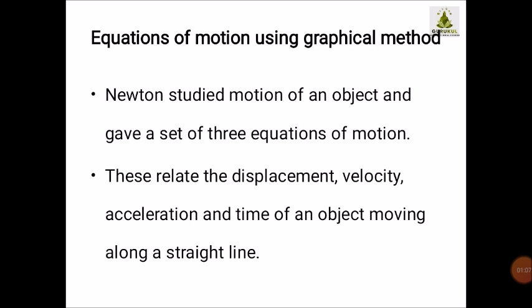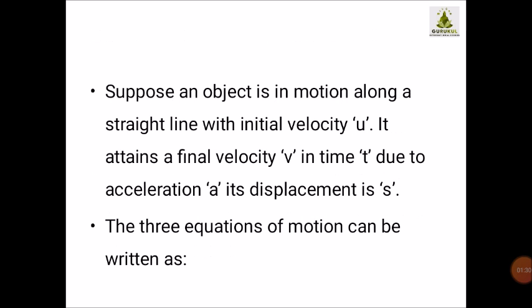You have already studied displacement in the first video. Velocity also you are aware of, acceleration also, and time is an important factor when you are studying motion, because time will be the standard, and with the help of time only you are able to study the further changes in the motion of the object.